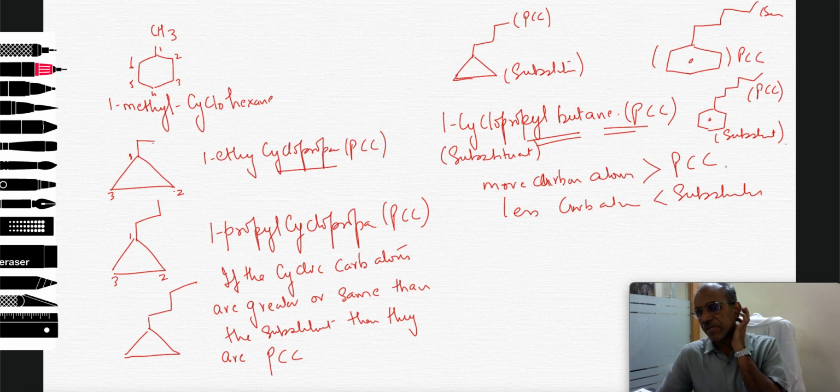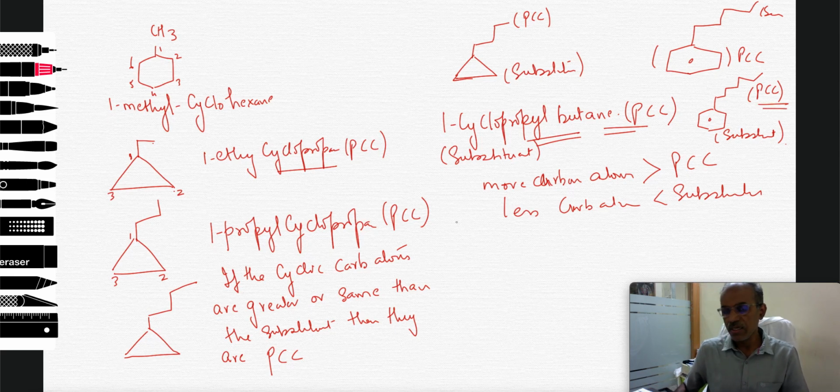That means, with respect to each other, whosoever has the maximum number of carbon atoms will become the PCC. Fine? Okay.